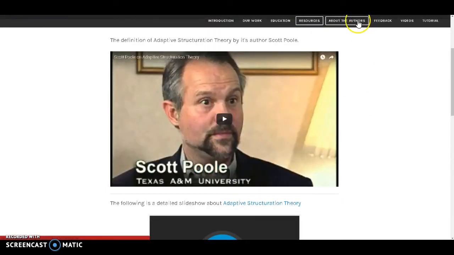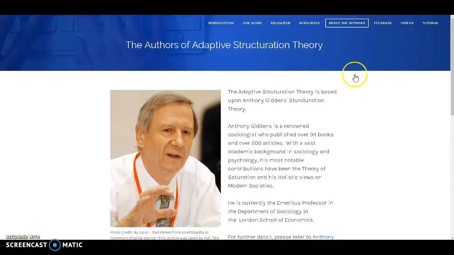The next page on the list is about the authors, and this page basically gives you a brief understanding or a brief profile of the individuals who were actively involved in authoring the adaptive structuration theory. As mentioned before, the adaptive structuration theory is basically based upon Anthony Giddens' structuration theory.